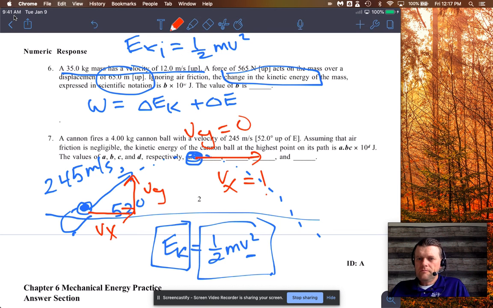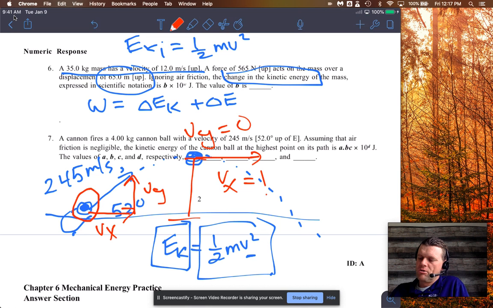So this question is not necessarily pinpointing the need for total energy, although the total amount of energy that it has here would become kinetic plus gravitational potential energy. But it doesn't want to know that. The question's only getting you to focus on just what is the kinetic energy at the highest point.